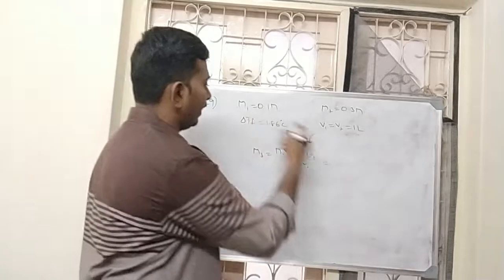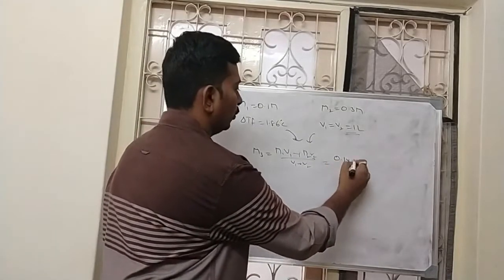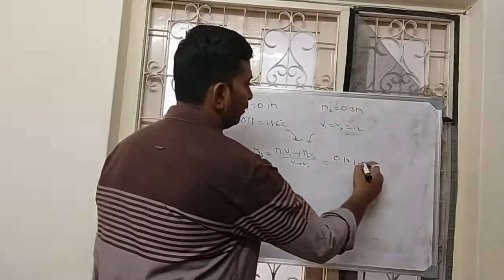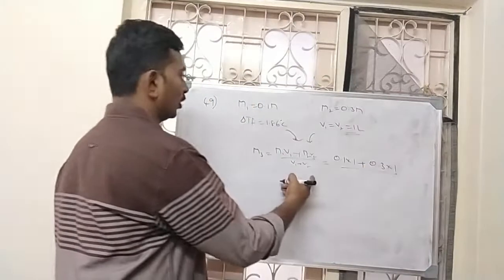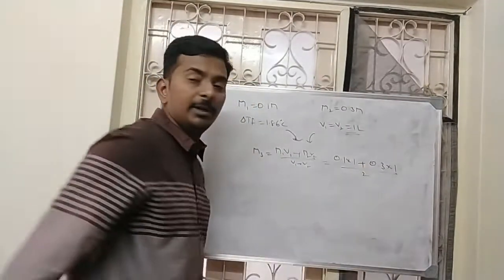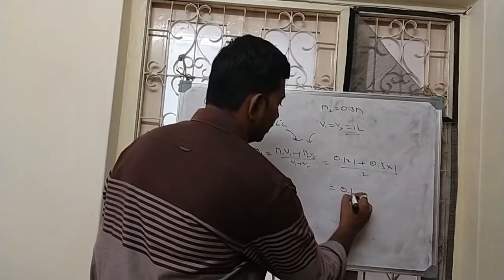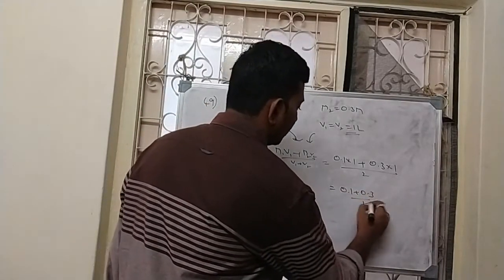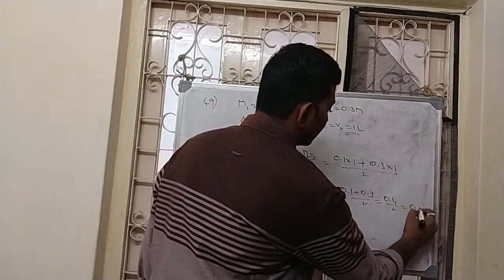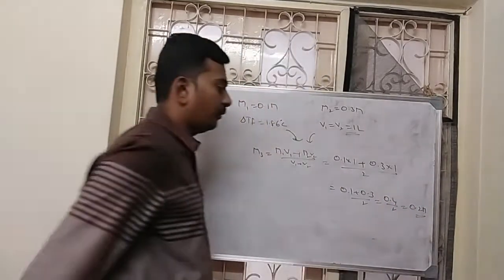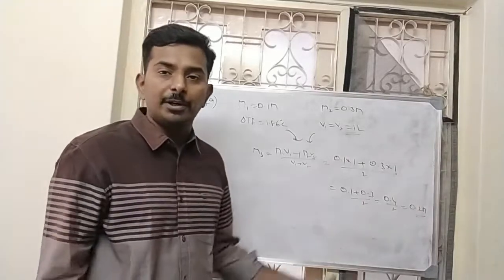M1 is 0.1 into volume 1 liter plus M2 is 0.3, volume 1 liter, by total volume V1 plus V2, which is 2. So that is 0.1 plus 0.3 by 2, 0.4 by 2, which is 0.2. So the final concentration of the solution is 0.2.